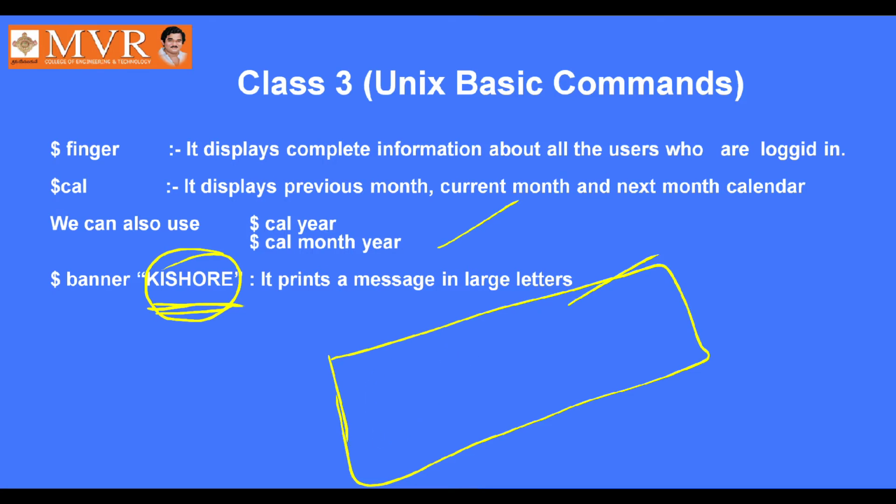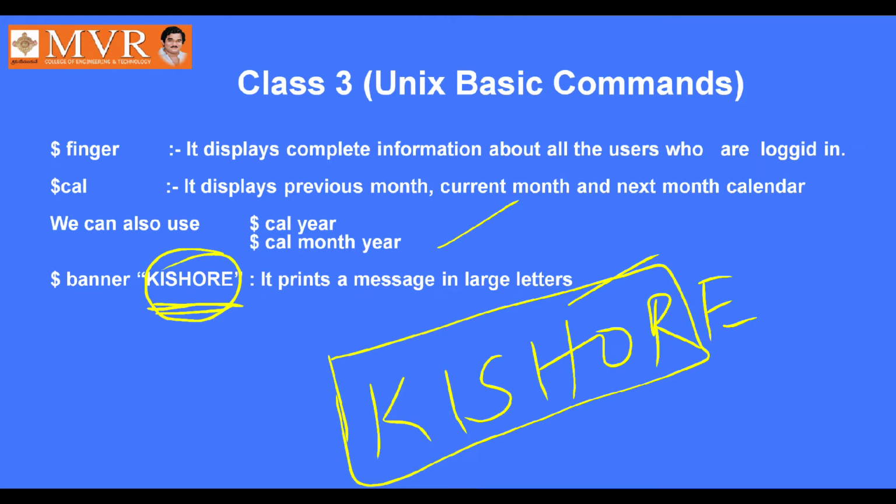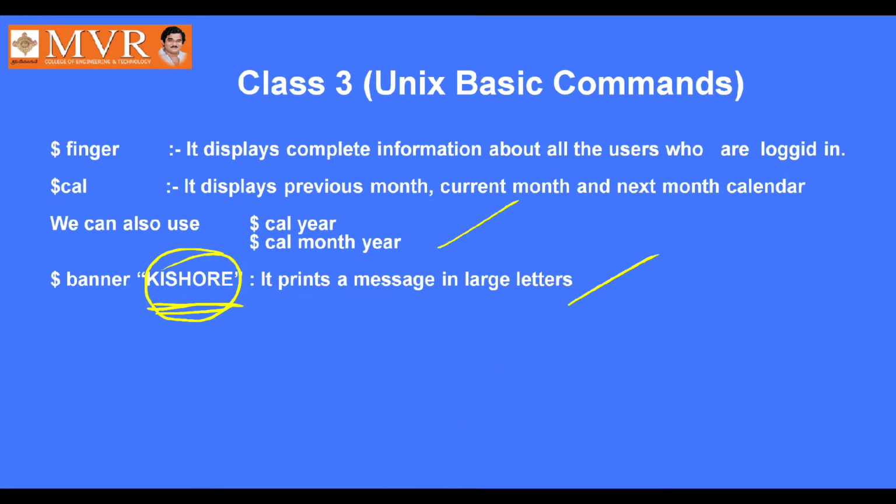Here we have given my name, so it will display KISHORE in a format that looks like a banner. So whenever you want to display something in big letters, you can use this banner command, right?